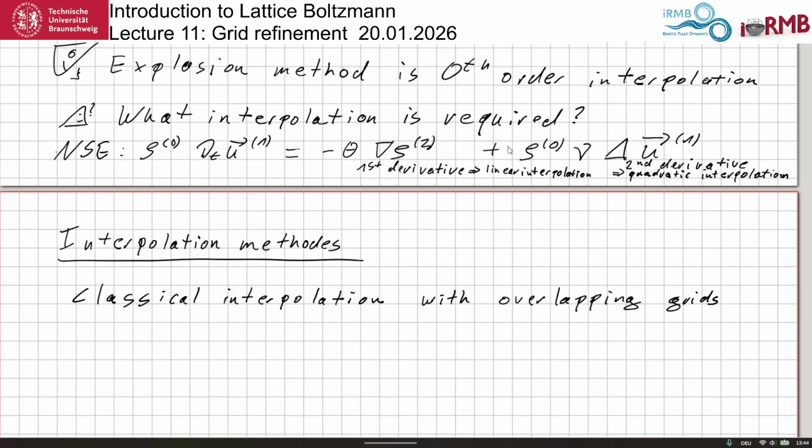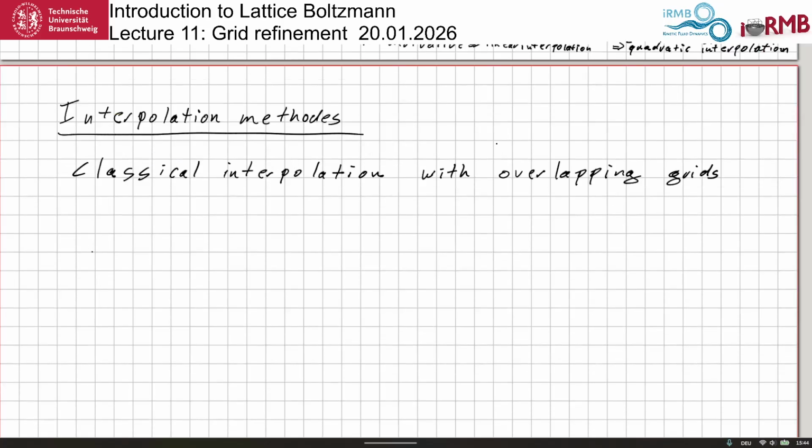Okay, overlapping grids, so this looks a little bit different. Again, I have to draw pictures. So here are the coarse nodes, and say from here onward we have the fine grid.